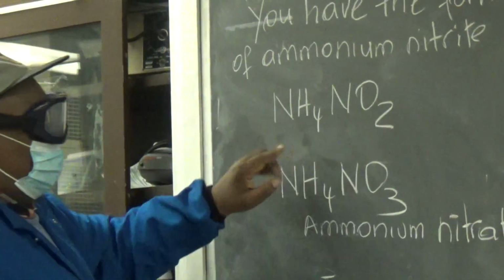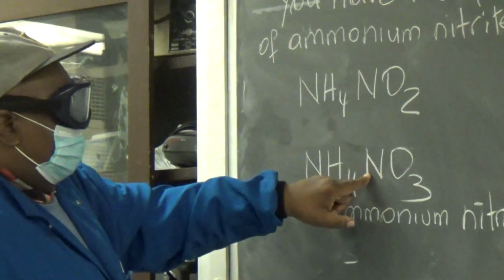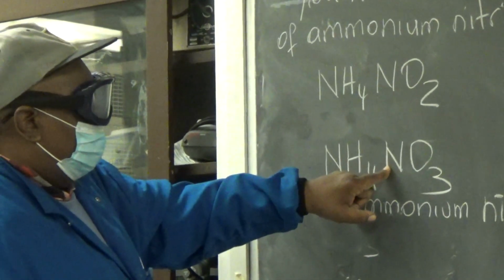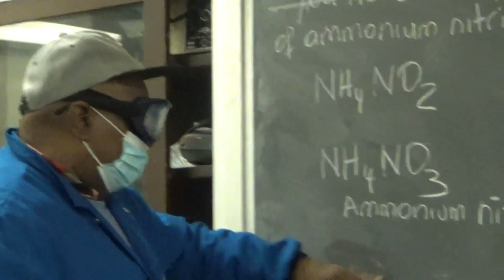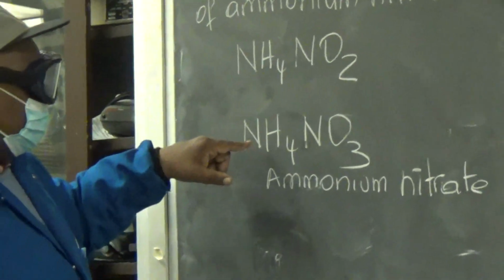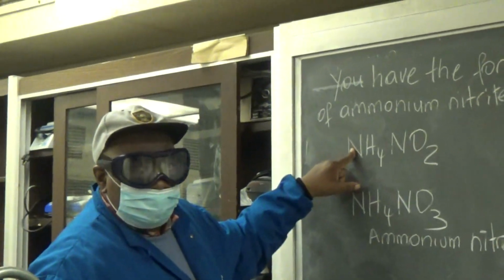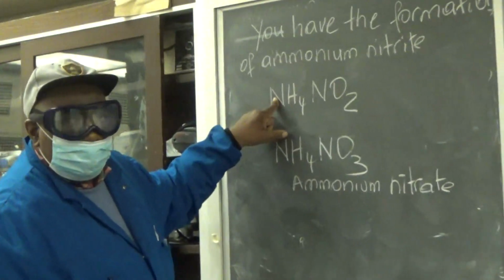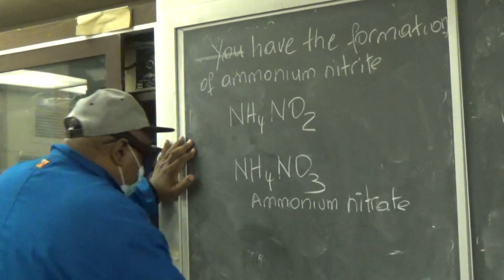Yep. And as you can see, the nitrogen here doesn't have the same oxidation number as the nitrogen over here. Yeah. So what happens during the reaction, because once it does come down, that has to be destroyed. Yeah. So, what happened?